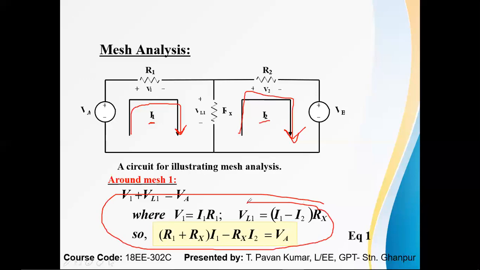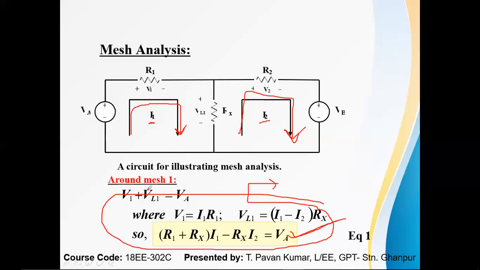I followed a different approach, but I want you to follow what we discussed in session number 8. You need to follow that approach. This approach is different, but you will get the same answers. Finally you will get the same equations.